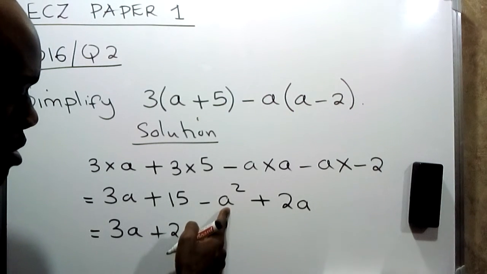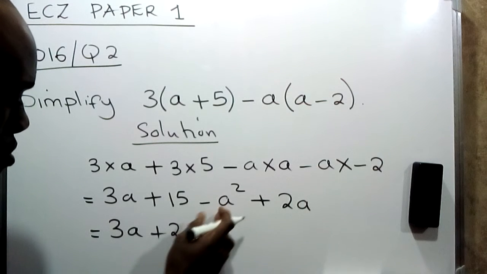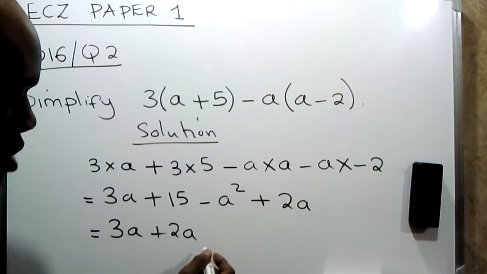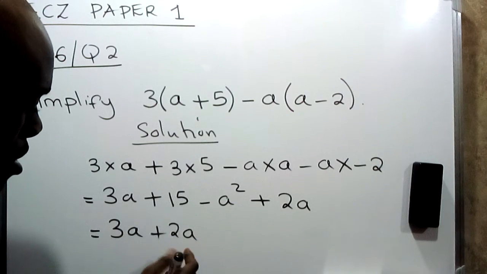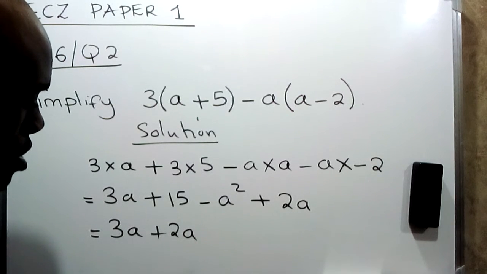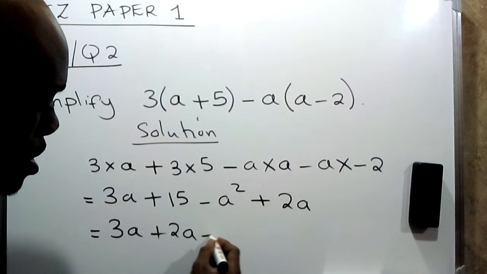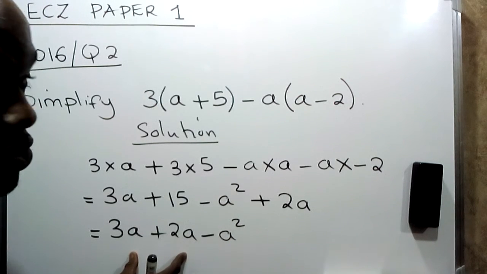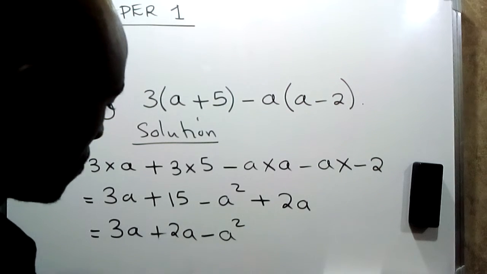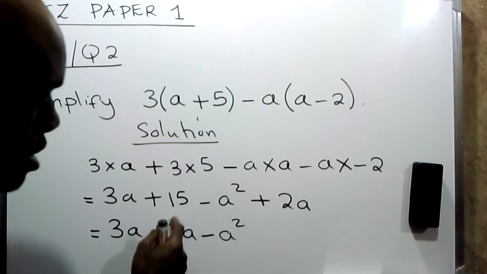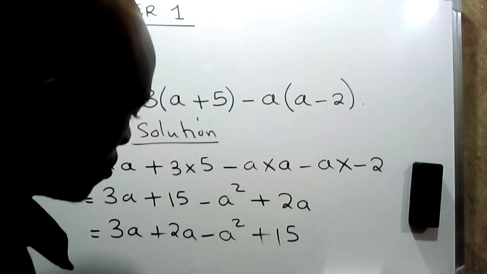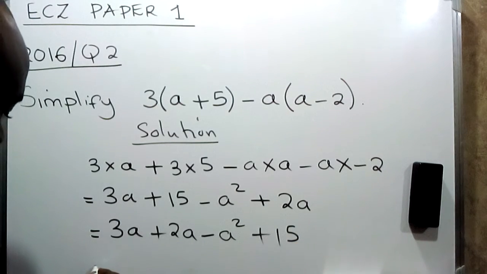Okay, this one is a squared, so this one is different from these two terms because of this square here, so we cannot assume that this is the same as these two terms. So therefore we just bring it here, since we don't have any other term with a apart from these two terms. Okay, then we come to the constant, which is plus 15.